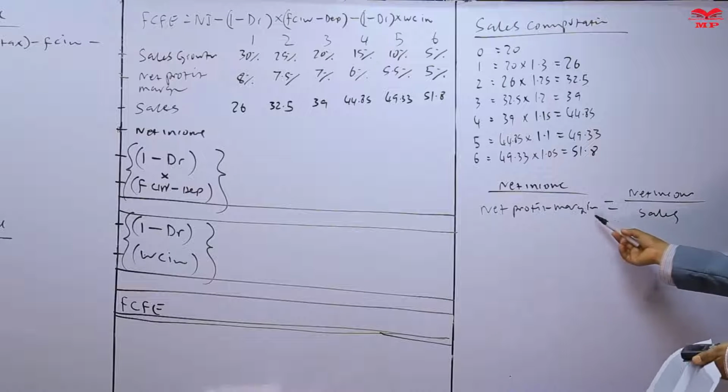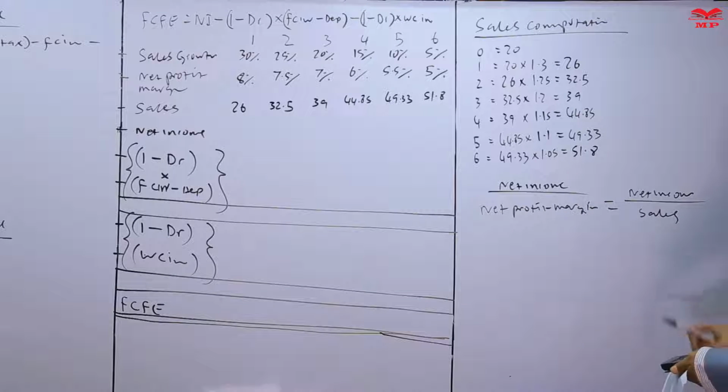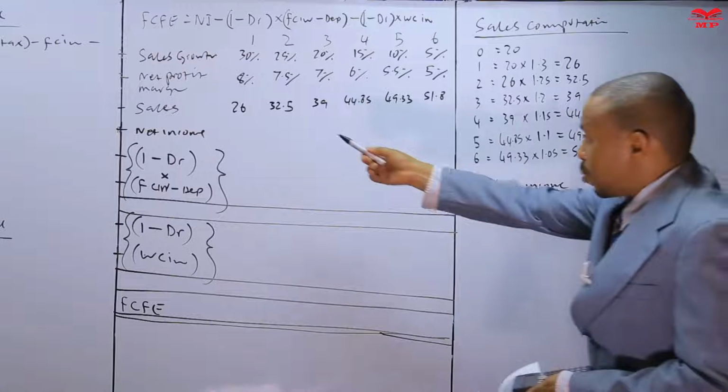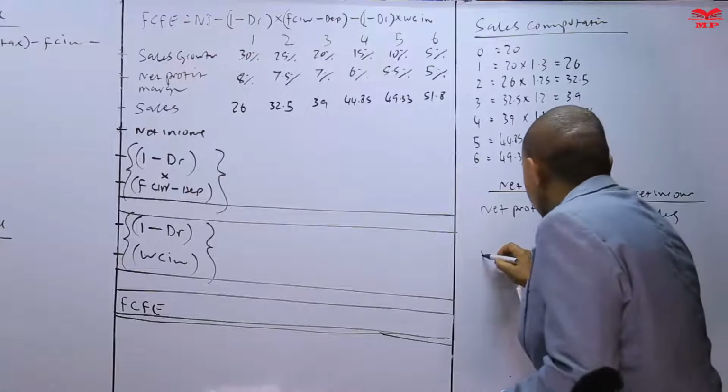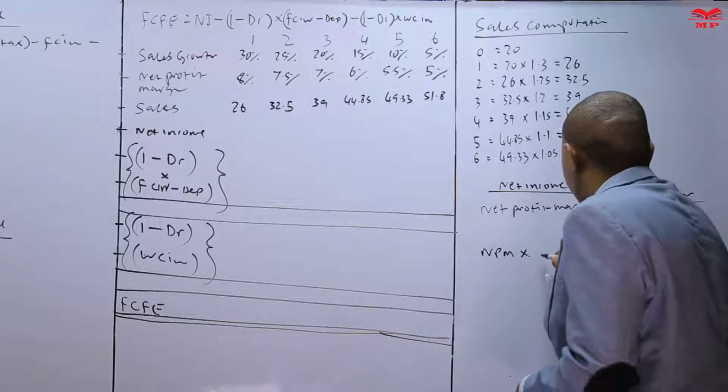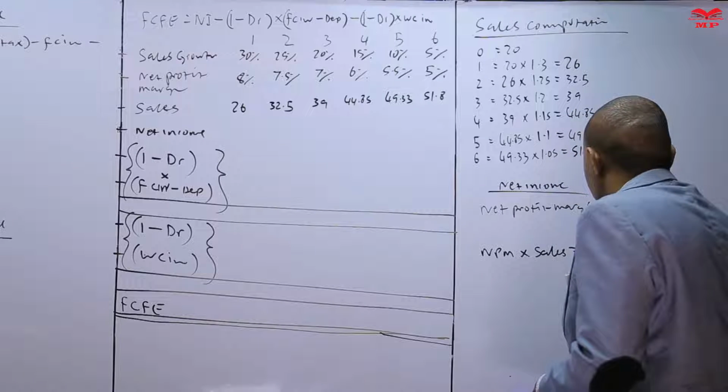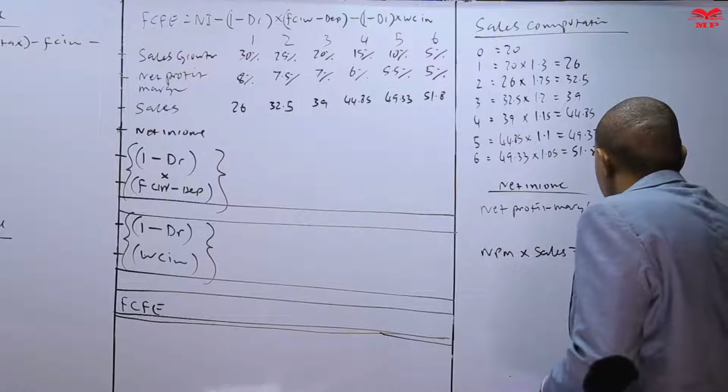So we can be able to multiply the sales times the net profit margin, which will give us the net income, and then we'll be able to come and slot it over there. So net profit margin multiplied by sales will give us net income.